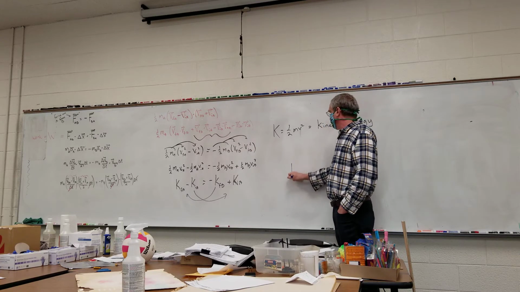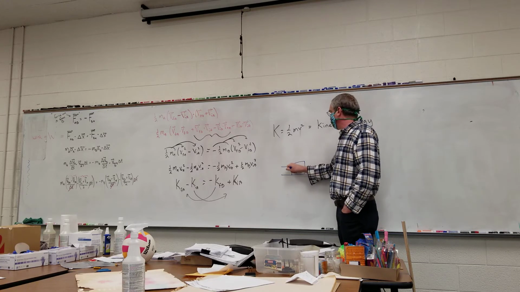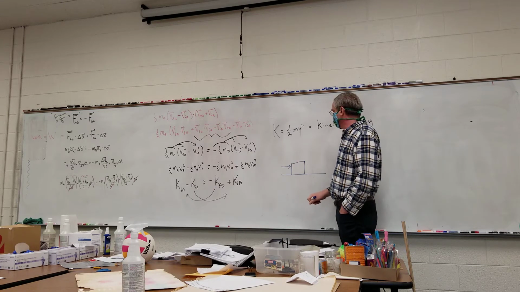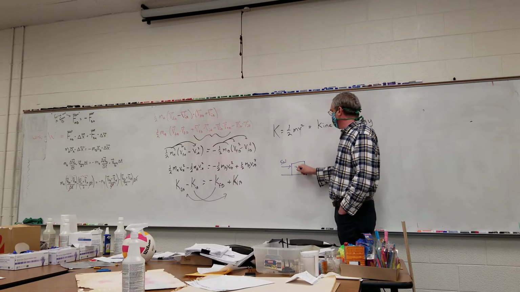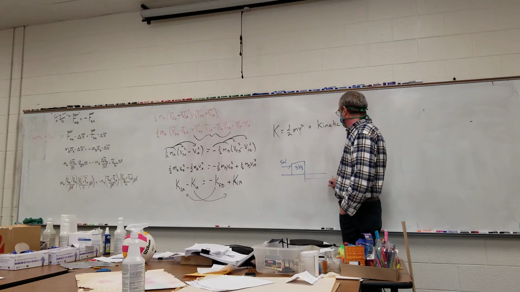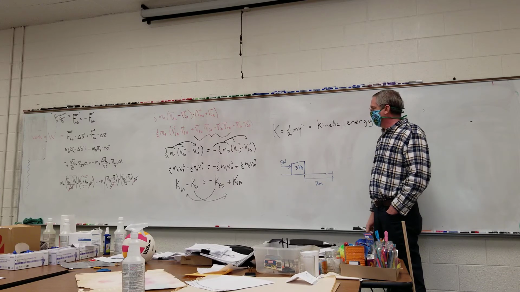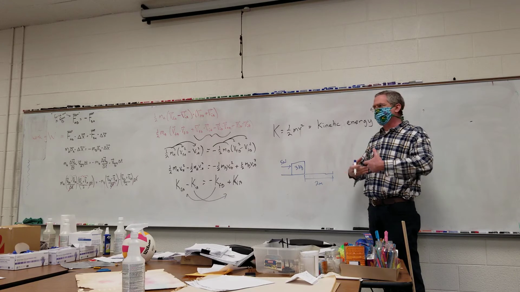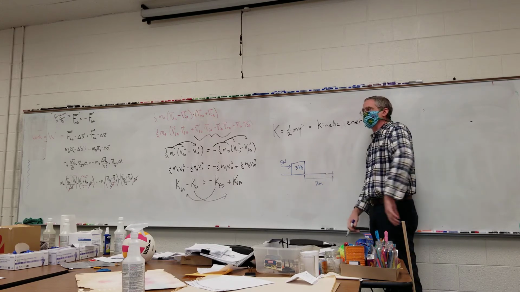So if I have a box here, and it is being pushed to the right, say a 5 Newton force, and this is a 3 kilogram box, and it is pushed 2 meters, or a force is applied over that 2 meters. Is this positive work being done if I push it the 2 meters in the direction it's going?